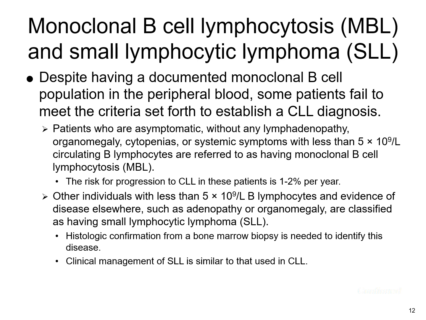Now, these patients do have a risk to progress to CLL. Other individuals with less than 5 times 10 to the 9th of circulating B lymphocytes and evidence of the disease elsewhere, such as adenopathy or enlarged organs, are classified as having a small lymphocytic lymphoma.